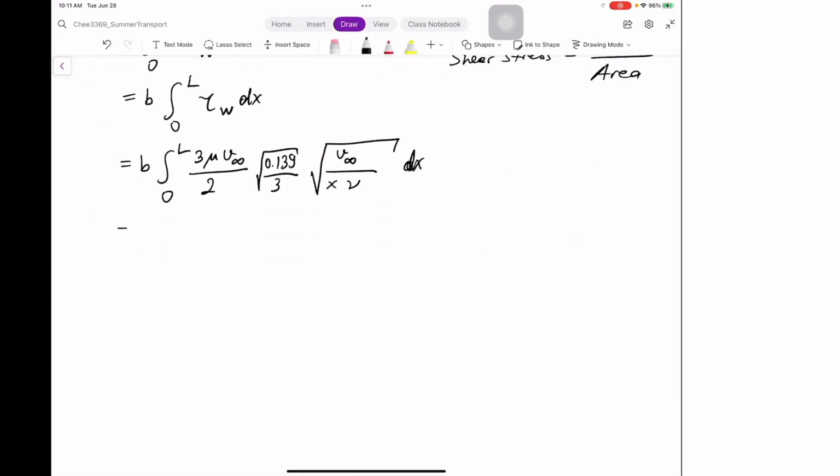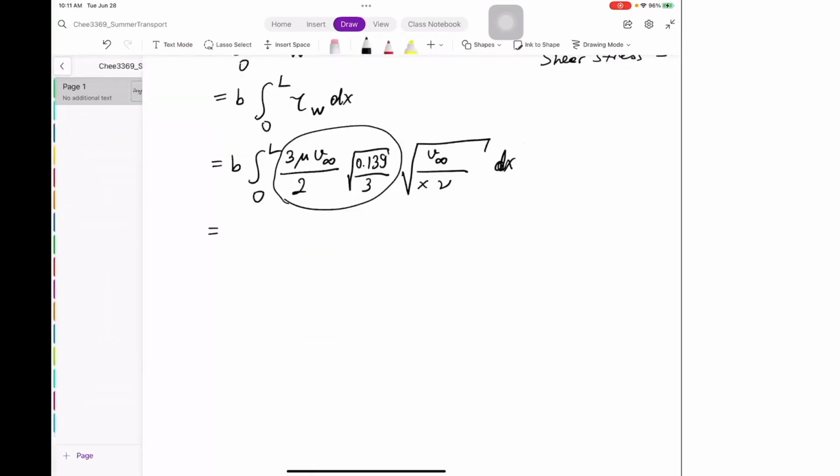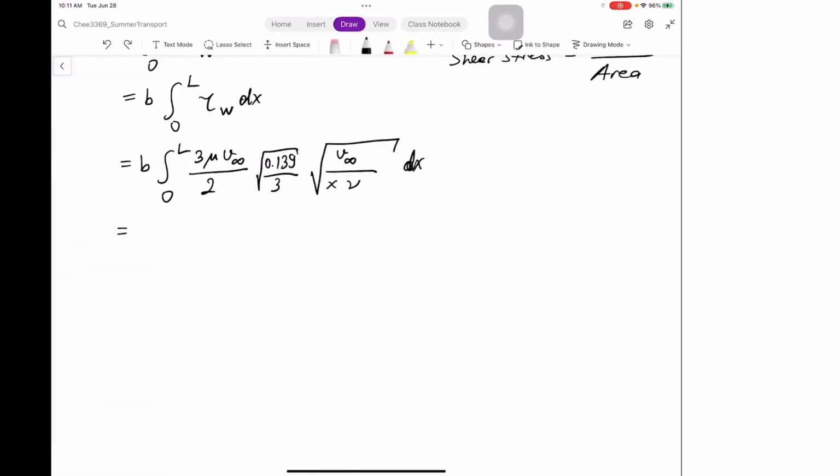And if you proceed forward, you can take this entire thing out of the parentheses. And also this term is a constant. So you can have B times square root of 3 times 0.139.